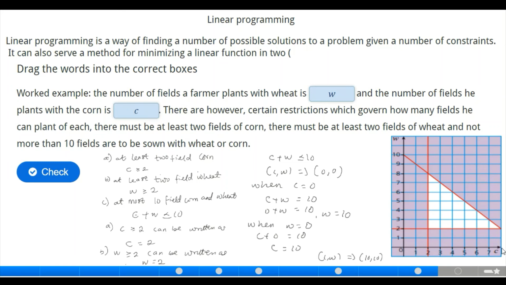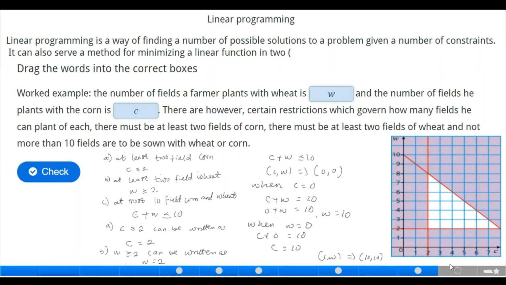There must be at least 2 feet of corn, and there must be at least 2 feet of wheat, and not more than 10 feet are to be sown with wheat or corn. So we have a constraint there, and let's try to look at it. The number of feet the farmer plants with wheat, and the number of feet he plants corn on. Now, for corn, the first restriction is that there must be at least 2 feet of corn. The second condition is what?